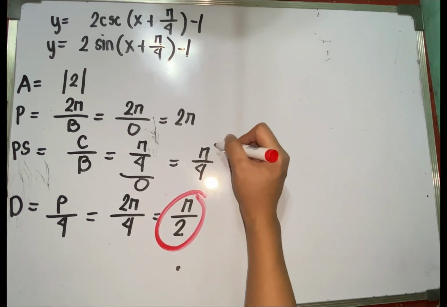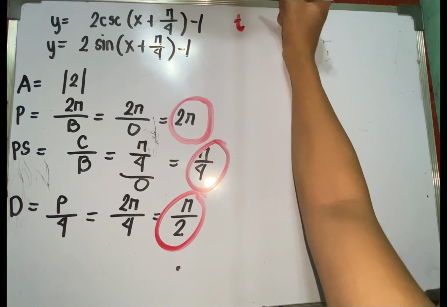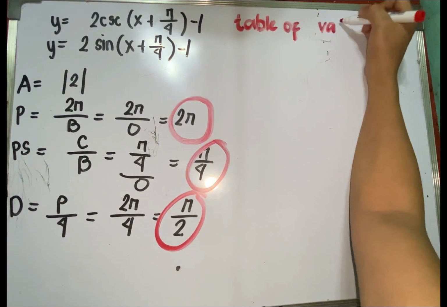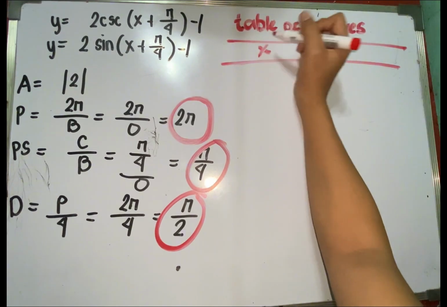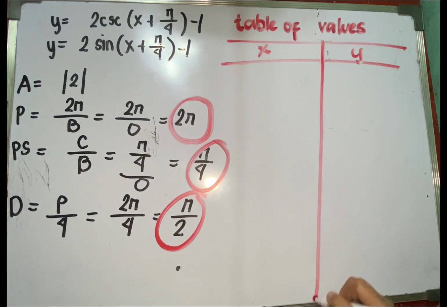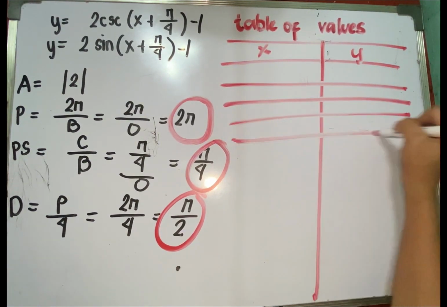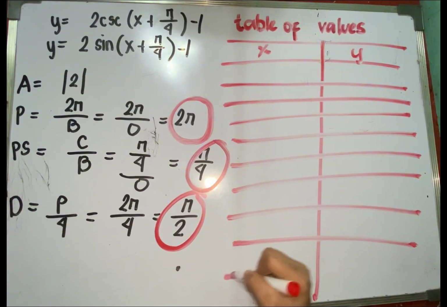Now let's mark this. Then let's do the table of values. In order for us to not get lost, we need to do the graphing as always. It should have y and x, so it's 2 periods. You can pause the video and do it on your own and check later if you're doing great.